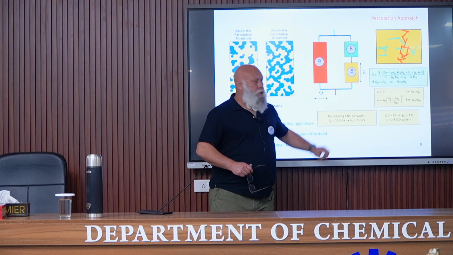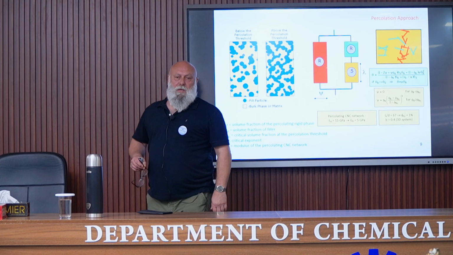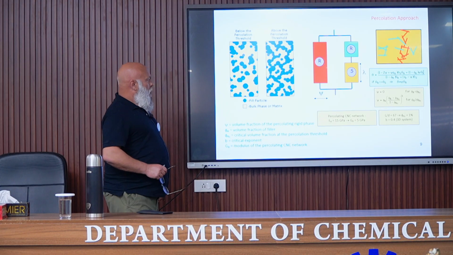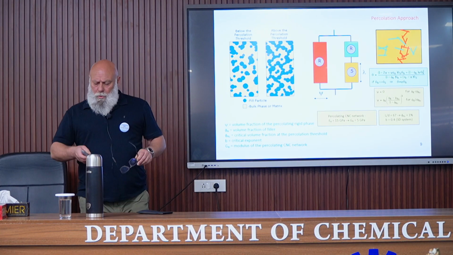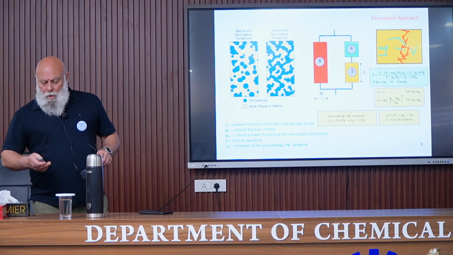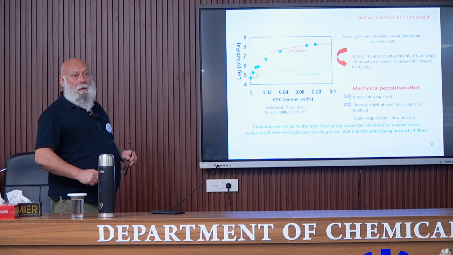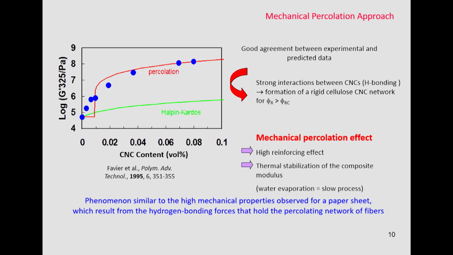So the shear modulus is usually 3 times lower. And so we use this equation to try to predict the experimental behavior. This is the same plot as previously: Halpin-Kardos model in green, experimental data in blue, and the prediction from the percolation approach in red, without any adjustable parameter.